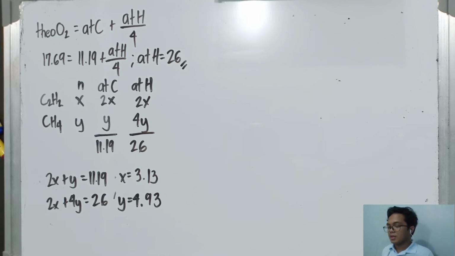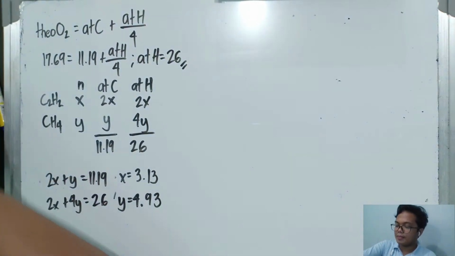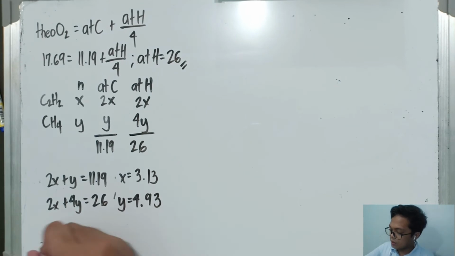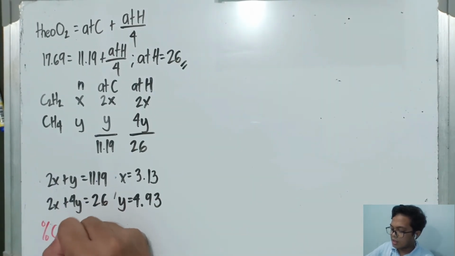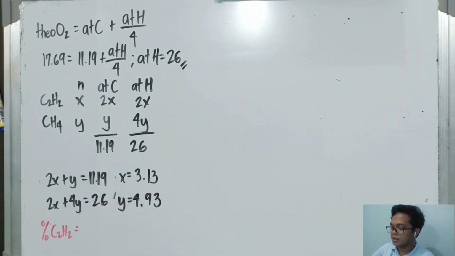Okay? Well, in any case, since we already have the number of moles of acetylene as well as the number of moles of methane, we can immediately get our percentage mole composition for each of them. So, how can we do that? As for C2H2, we just need to divide its number of moles by the total.